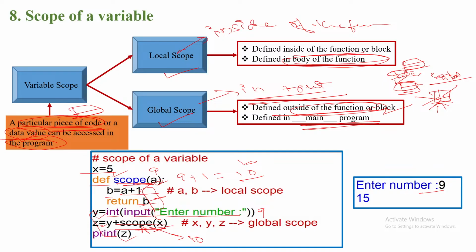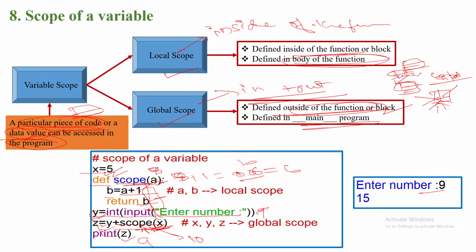Oh sorry, scope(X) I have taken. So X value is 5. Y value is 9. Y value is 9 and X value is 5. So this X will come here, but 9 will not come. By mistake I thought it was that one. No, Y is different and scope(X) has been given. So X is what? 5. So 5 plus 1. 5 plus 1, what value will come? 6. So B value is 6, right?